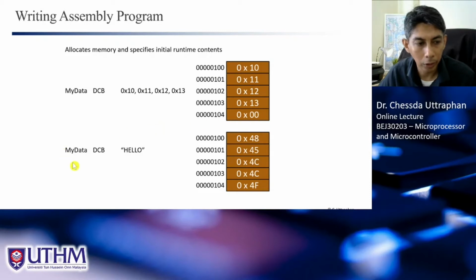But when you want to write ASCII characters in your program, for example, you want to define the word hello, you can use dc.b hello with this code. And in the memory, it will be stored like this.